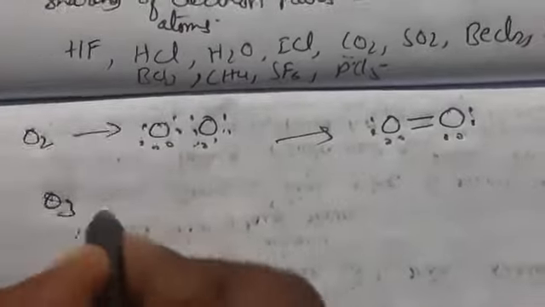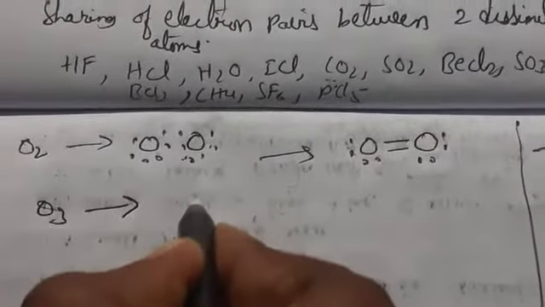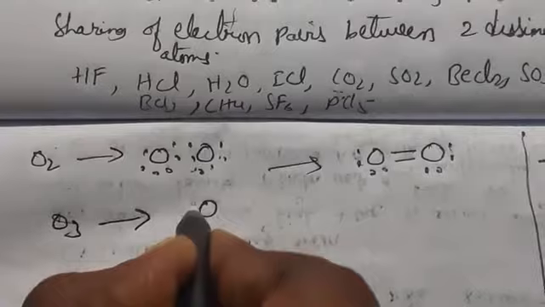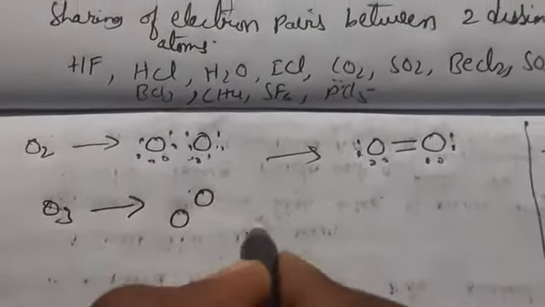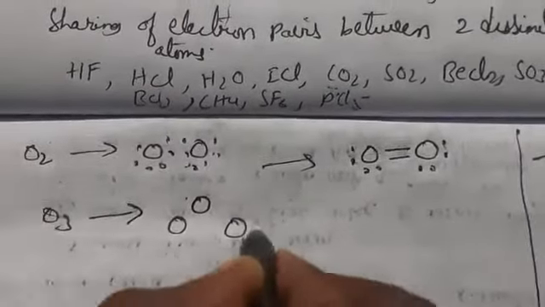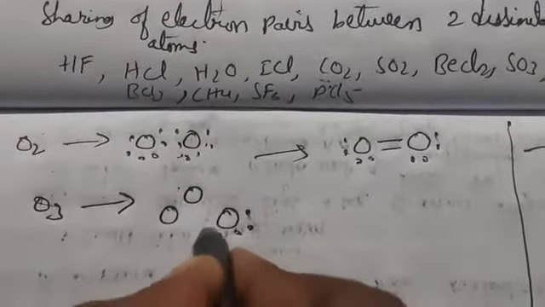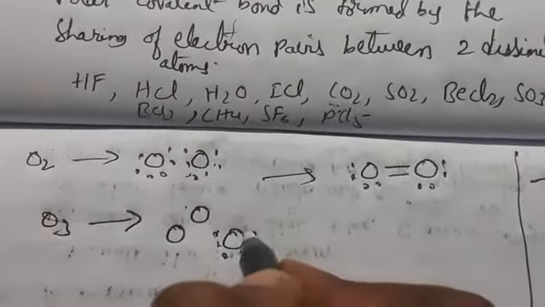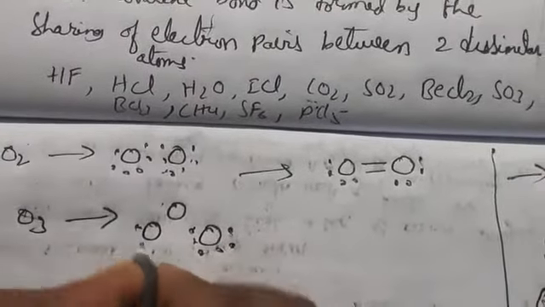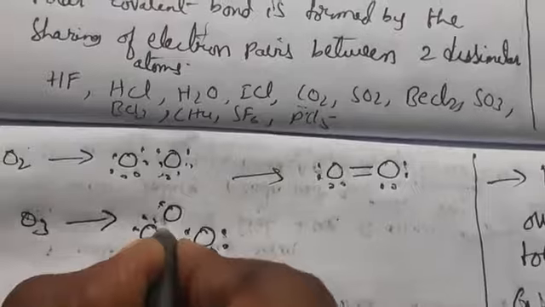Similarly, you can take O3. Here we have 3 oxygen atoms, and each O consists of 6 electrons, so we should get a total of 18 electrons.